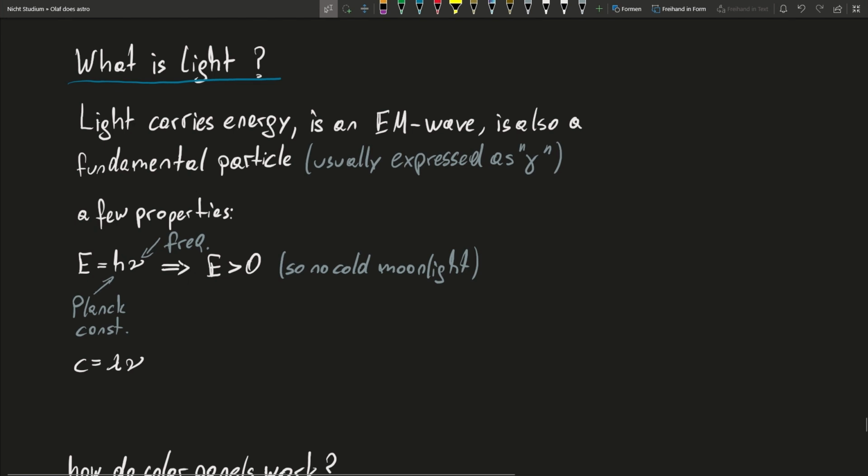So already by that, the energy of a photon is greater than zero, so you can't have cold moonlight. Cold moonlight will, by the way, also violate the laws of thermodynamics. Just a fun thing I thought I'd mention.